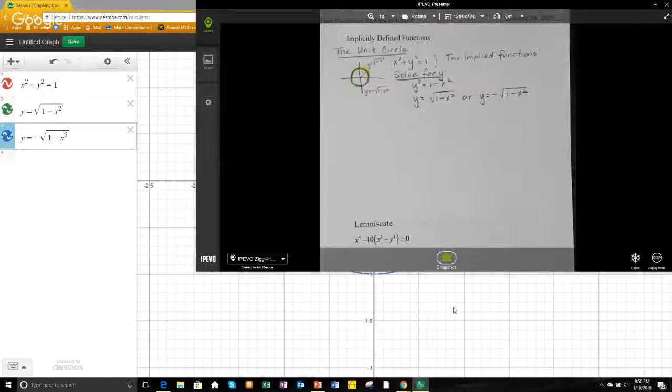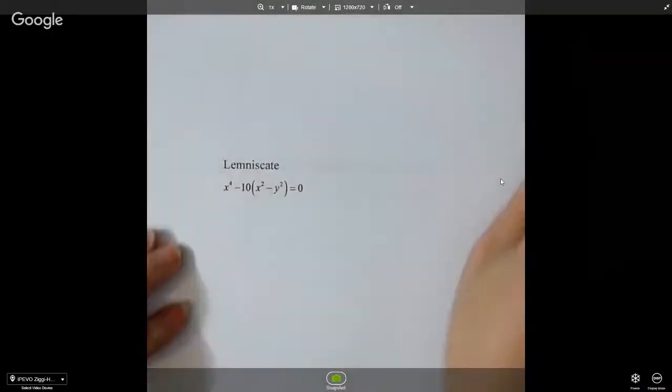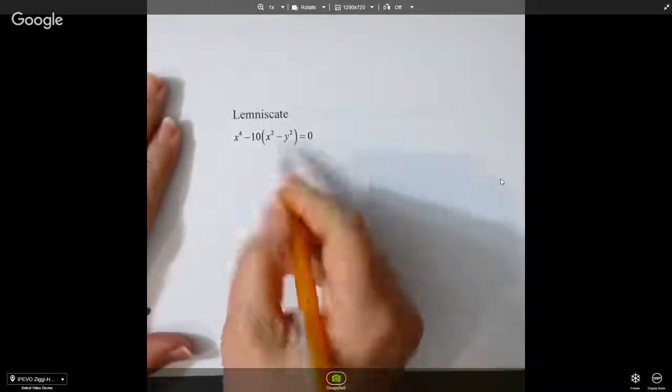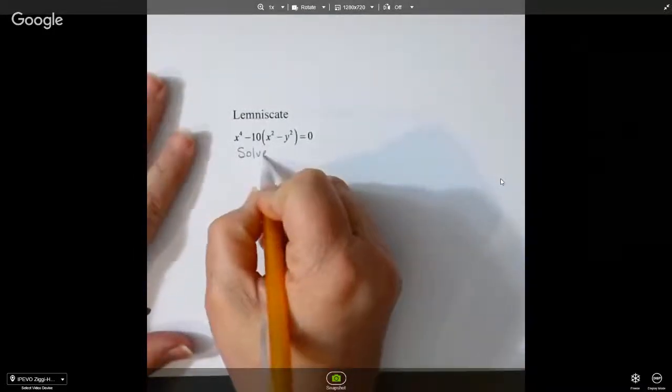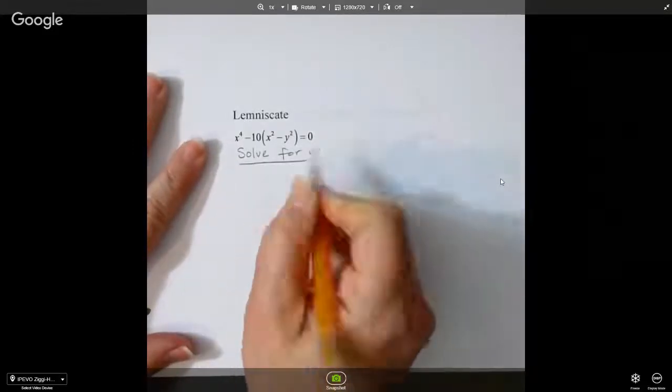All right, well, let's do a more fun equation, which is a lemniscate. Now, we'll figure out what a lemniscate looks like in a minute. But we're going to do the same thing here, and we're going to solve for y. And I'm going to distribute first.